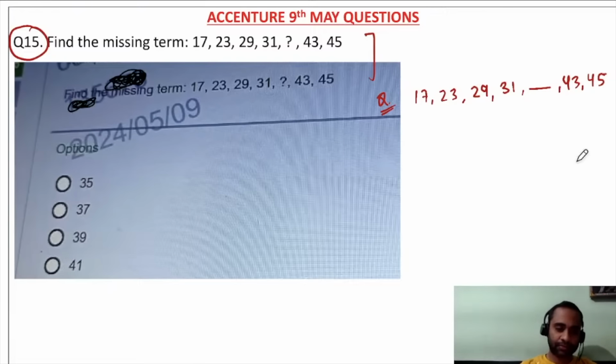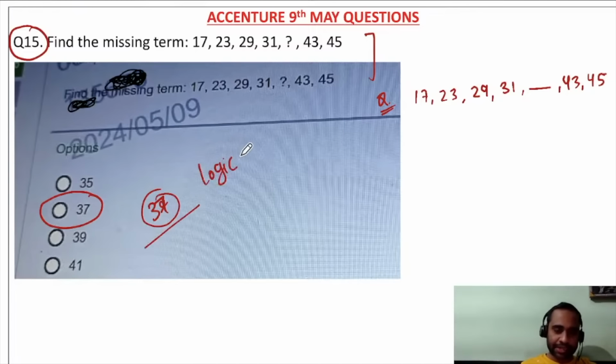Yes guys, come on. What is the answer? 37. Many people will give 37 as the answer, I know. But tell me the logic also. What is the logic for the answer 37?